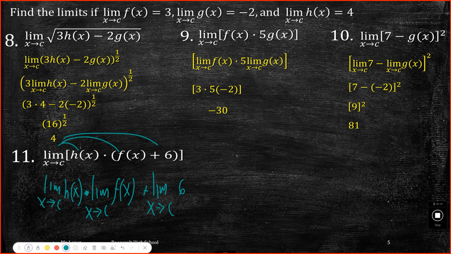What's the limit as x approaches c of h of x? 4 times what? The limit as x approaches c of f of x? 3 plus what? And that's going to be what? 18, isn't it? Is it 18? 12 plus 6, 18?